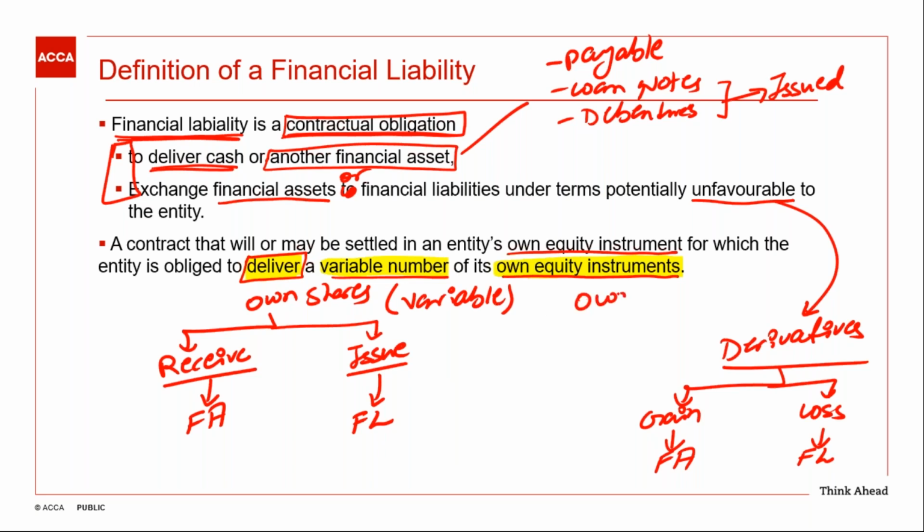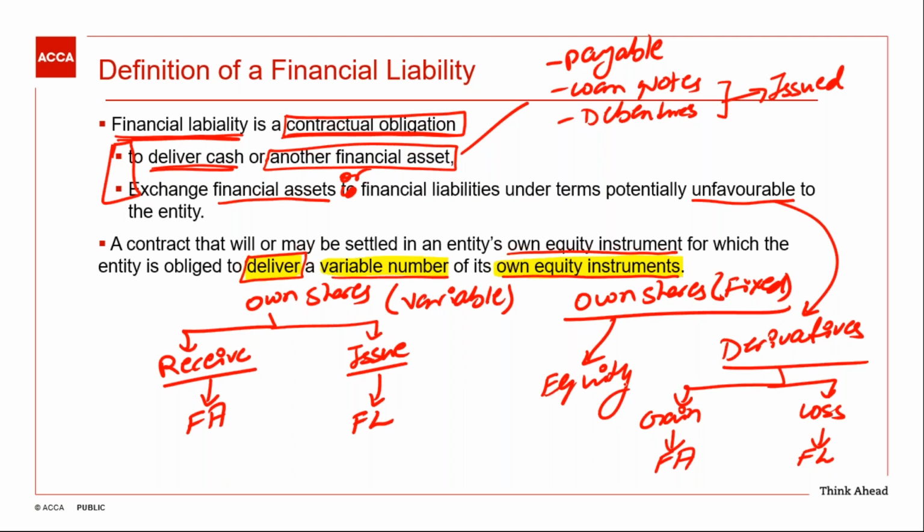And if the number of shares is fixed, this will always be an equity. So any contract which is being settled in our own equity instrument needs to be checked whether we are receiving it or whether we are issuing it, plus whether the number of shares is fixed or variable. Then we decide the accounting treatment.